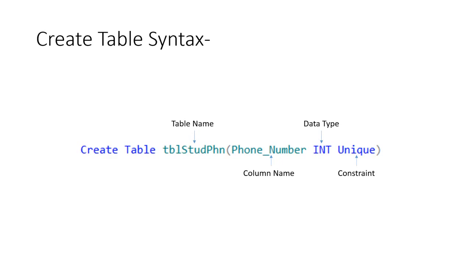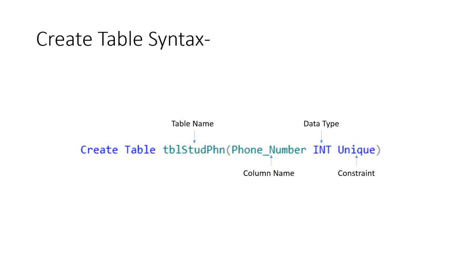There are several data types which we will look at in future slides. Just to give you an idea, right now phone number is a number, so we are using an integer data type. There are also text, string, date, and time data types.